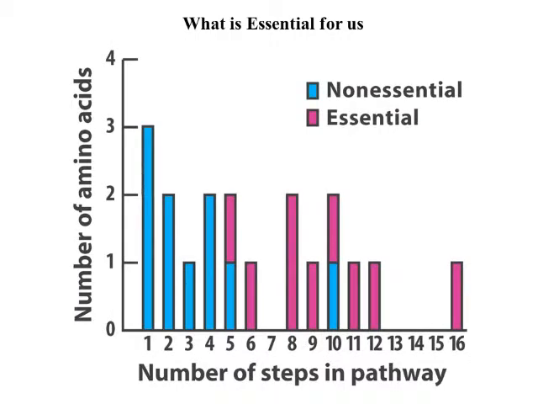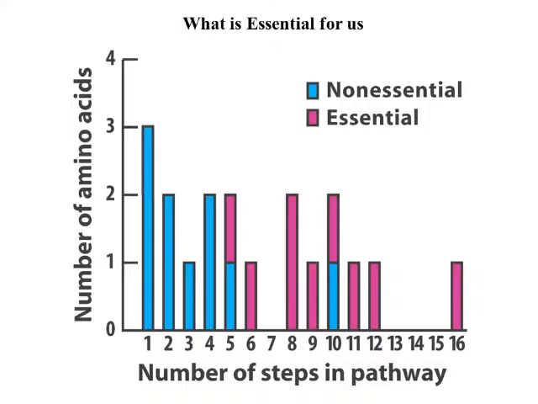As a matter of fact, the slide here is just to show you that the essential amino acids, the ones that we cannot make, involve several pathway steps, several reactions. The red ones are the essential. You can see here on the x-axis the number of pathway steps, how many enzymes are involved. We can see most of the essential ones, the red ones, need more than 5 enzymes that we do not have.